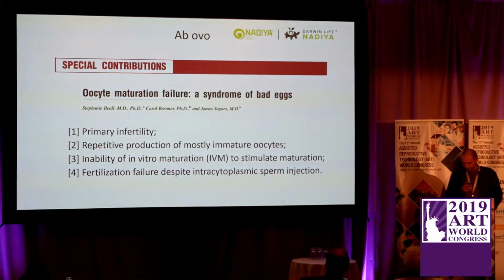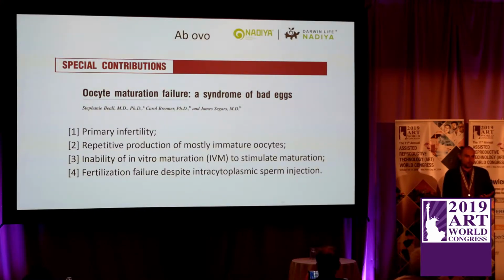So everything starts from the oocytes, and you've seen this slide before, but I want you to pay attention to this syndrome. So how could the embryologist say that some patients need nuclear transfers? Well, we use our eyes and brains sometimes.